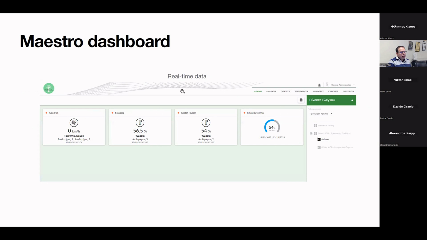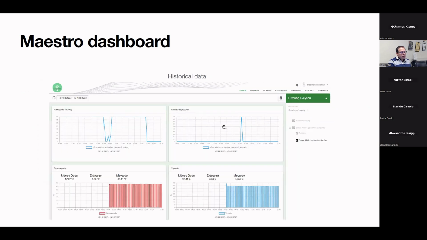So all this analysis is on real-time data. But as I mentioned before, we also have historical data analysis, and we also provide some graphs which show the trends, for example, of temperature, the trends of humidity, and so on.